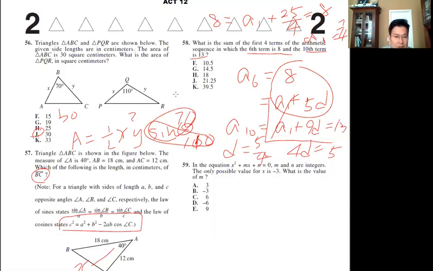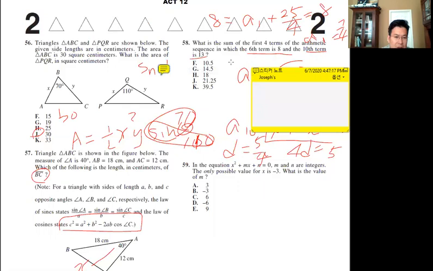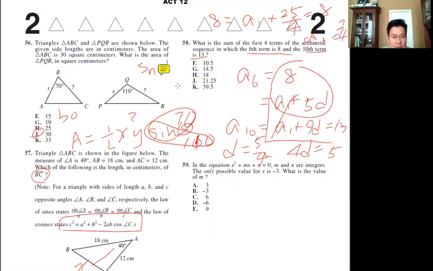Now we can use the formula Sn equals n over 2 times A1 plus An. So S4, first term is 7 over 4. N is 4, divided by 2.